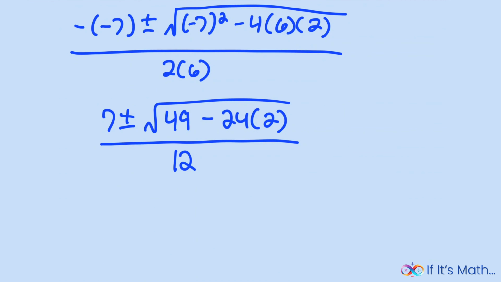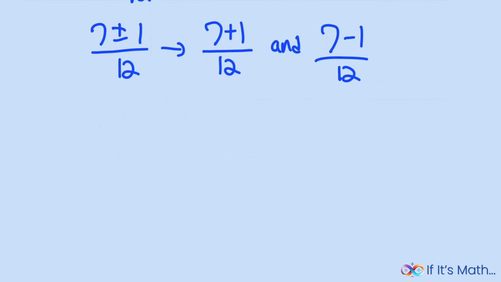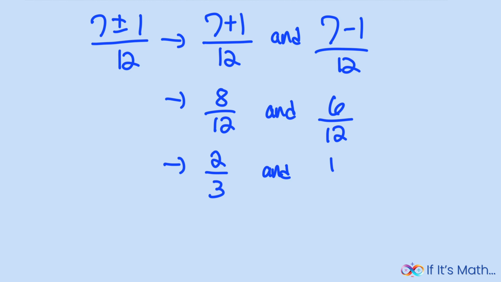That comes down to 7 plus and minus the square root of 49 minus 48 over 12, giving us 7 plus and minus the square root of 1. So we got an easy one here, over 12. So 7 plus and minus 1 over 12, which gives us 7 plus 1 over 12 and 7 minus 1 over 12. So that becomes 8 over 12 and 6 over 12. So our 2 solutions here would be 2/3 and 1/2.